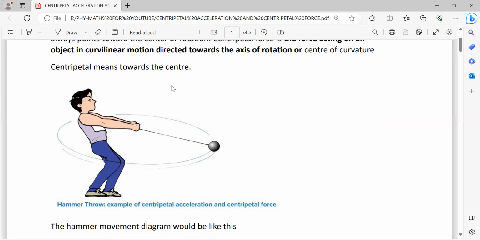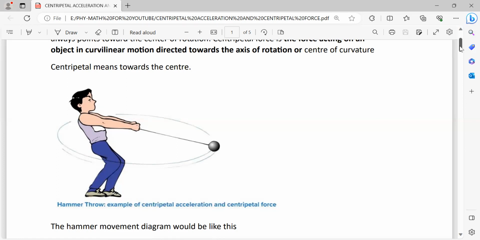Now look at this figure, these illustrations, when this athlete will throw this hammer. Firstly, he will rotate this hammer around his body.